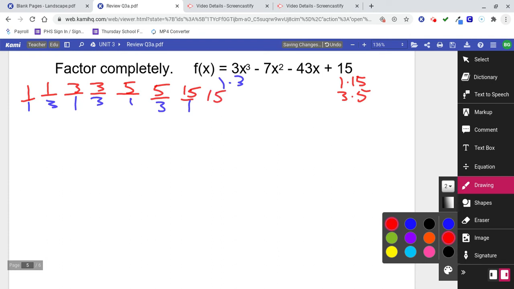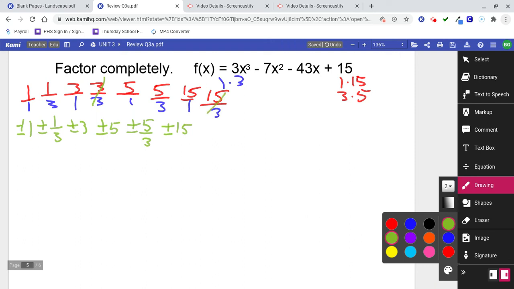And 15 over 3. So technically you'd clean that up and say plus or minus 1, plus or minus 1/3, plus or minus 3. 3 over 3 is 1, so I've already got it. Plus or minus 5, plus or minus 5/3, plus or minus 15. 15/3 is 5, so I've already got it.